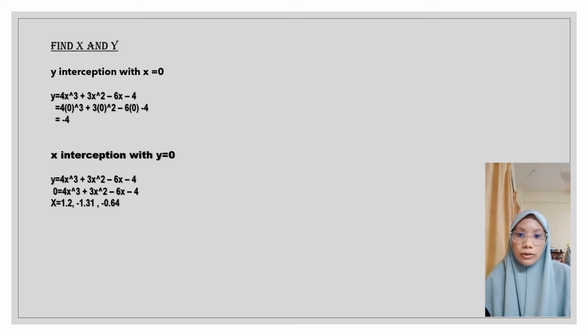So 0 equals 4x^3 plus 3x^2 minus 6x minus 4. So the answers for x are 1.2, negative 1.31, negative 0.64. So that's all.